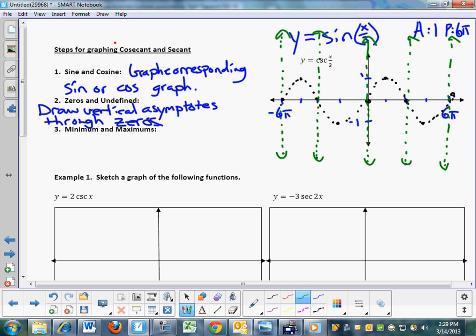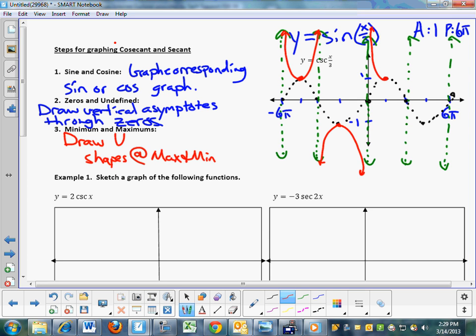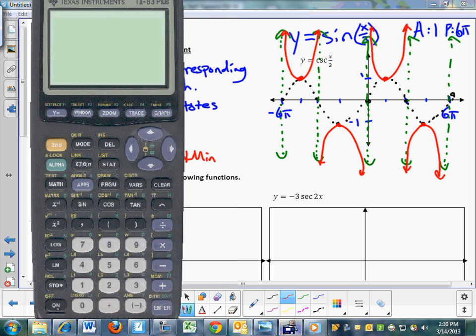Okay. What's my third step? Draw U-shapes at max and min. Watch this.